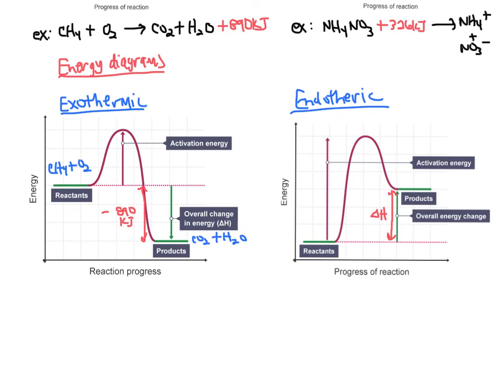And so for this equation, it's your NH4NO3 down here, and then your NH4 plus and your NO3 minus as your products. Your delta H is a positive 326 kilojoules. So that's how much energy is gained or absorbed during the course of this reaction.